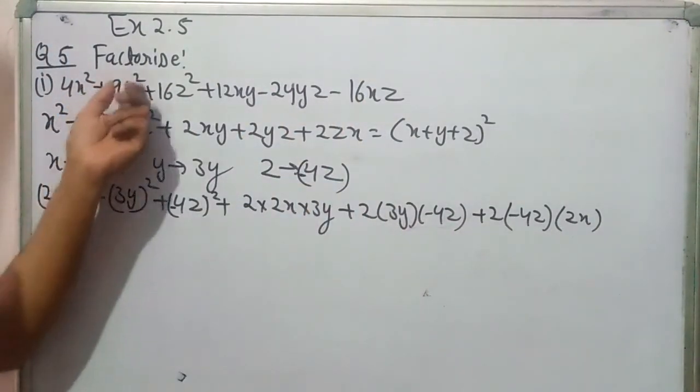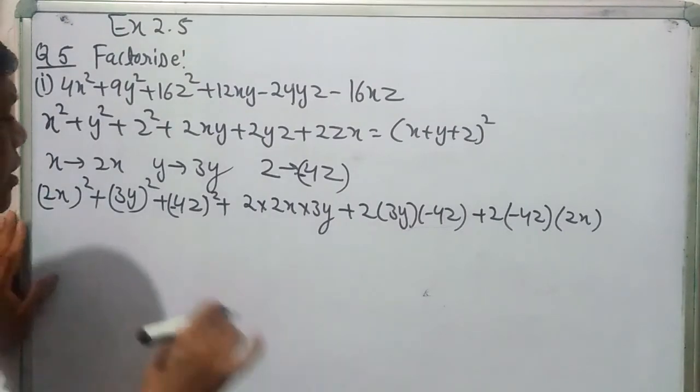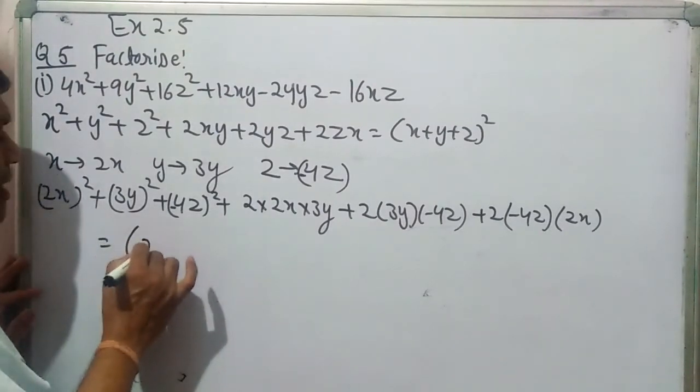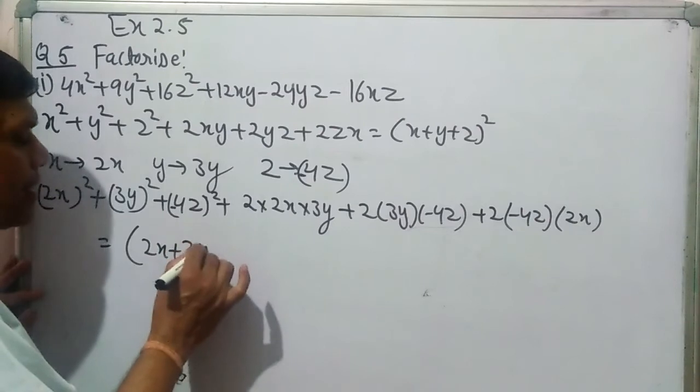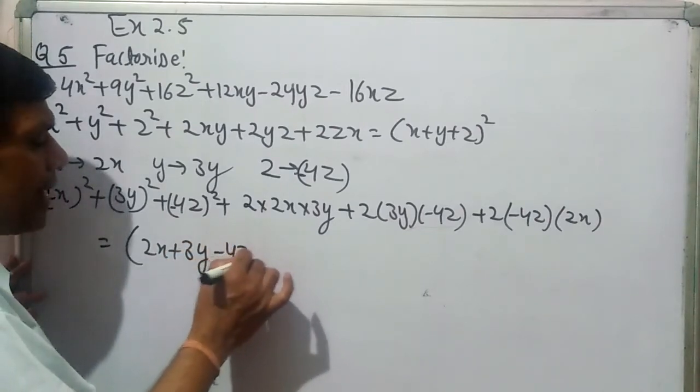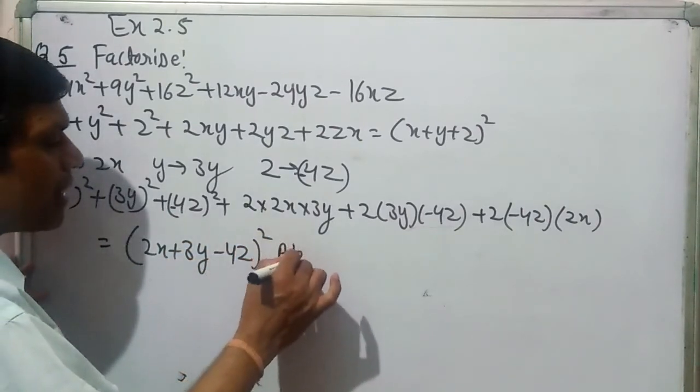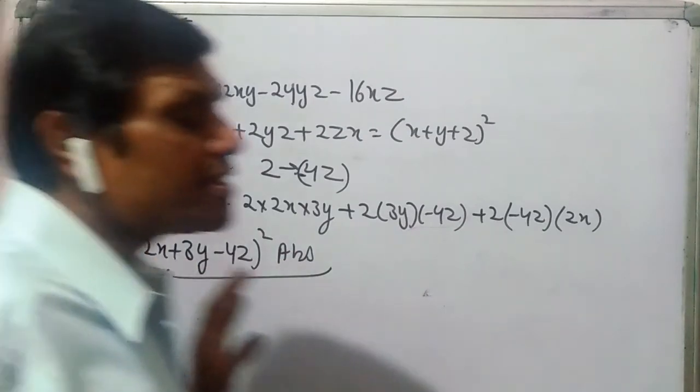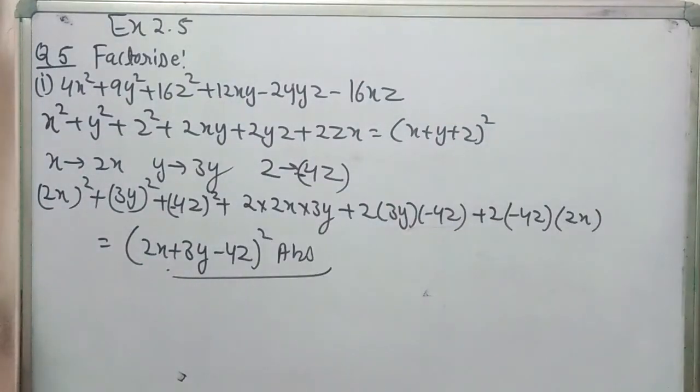So this is our given question, and this should be equivalent to twice x plus 3y minus 4z whole square. So this is the answer for the factorization after proper identification of negative sign terms and identifying the proper identity.